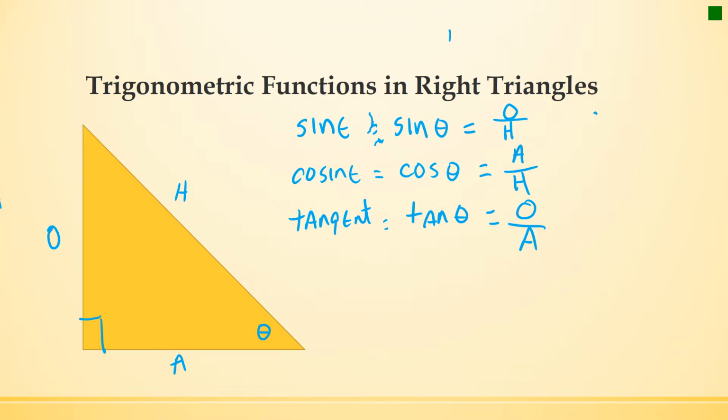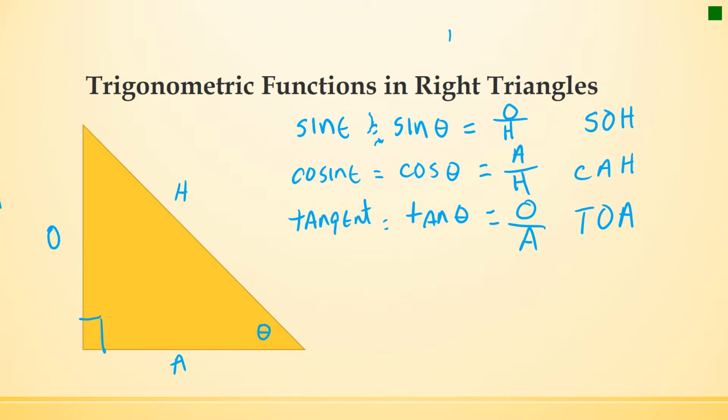So the sine is opposite over hypotenuse. Cosine is adjacent over hypotenuse. And tangent is opposite over adjacent. SOHCAHTOA. Sine is the opposite over hypotenuse, S-O-H. Cosine is the adjacent over hypotenuse, C-A-H.